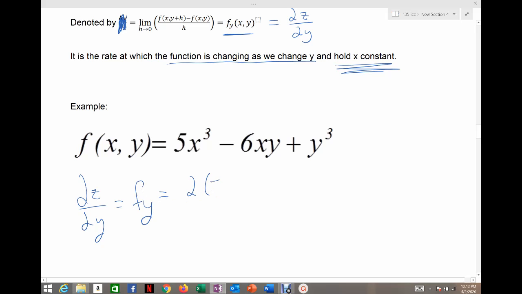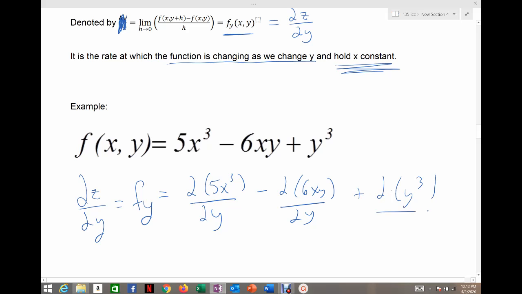So I take the derivative of 5x cubed with respect to x. Take the derivative of the 6xy with respect to, I said x, it should be y. Sorry about that, guys. With respect to y, right, taking the derivative with respect to y, and then the derivative of the y cubed with respect to y.